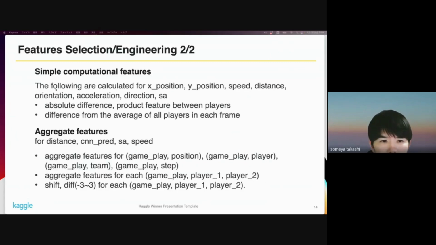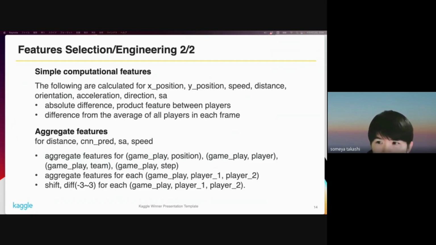We also use simple computational features. This means simple absolute difference and product of the features between players, and also the difference from the average of all players in each frame. We use aggregate features for distance, CNN plate, SA, and speed.